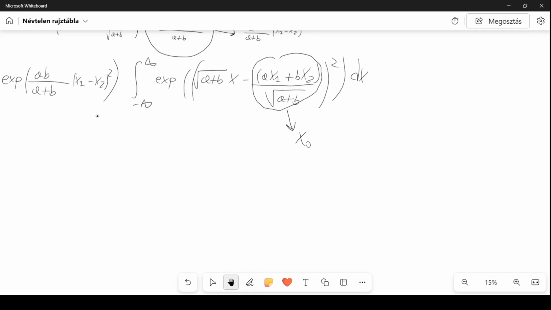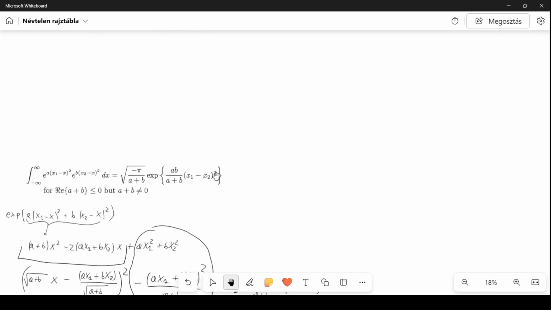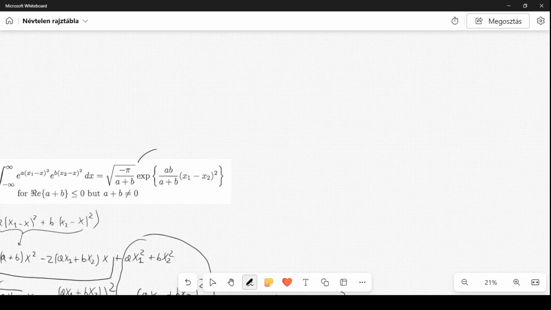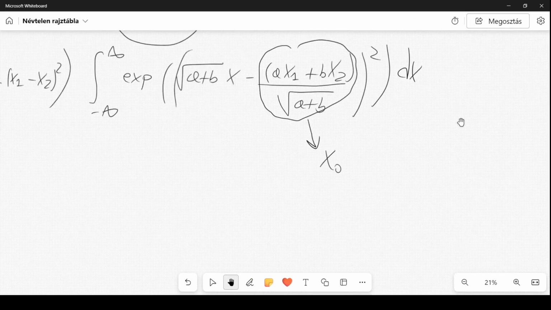Then we have to remind ourselves that we have to multiply the final result by this exponential here. And you can see that indeed that exponential will appear in the final expression. So we have already obtained this part. We have to prove that the other term is this one, and that comes from integrating this Gaussian distribution here.